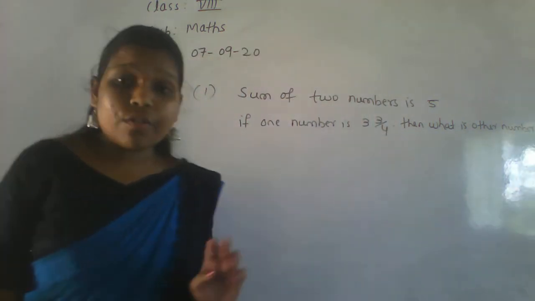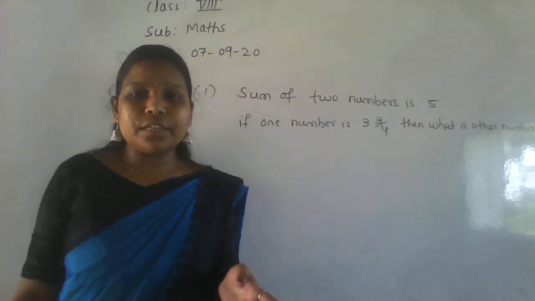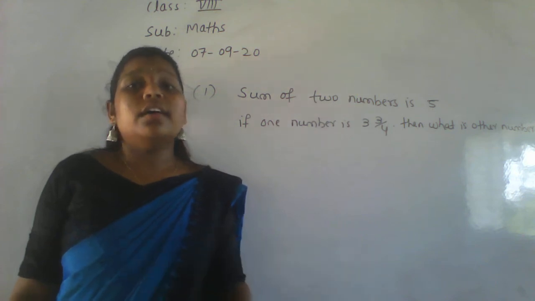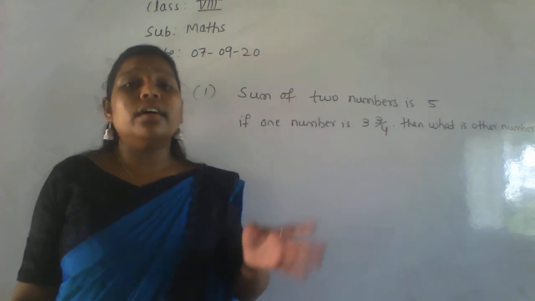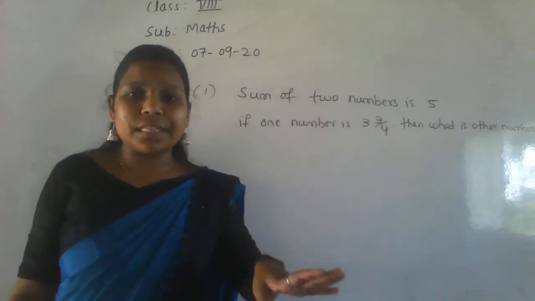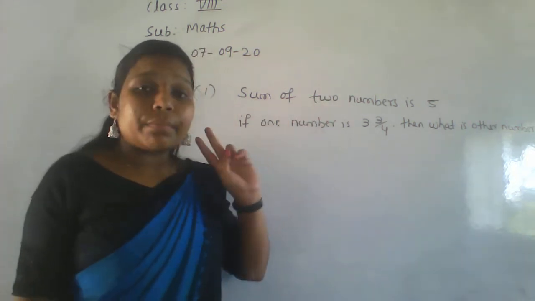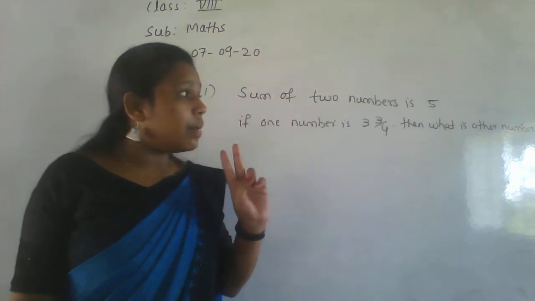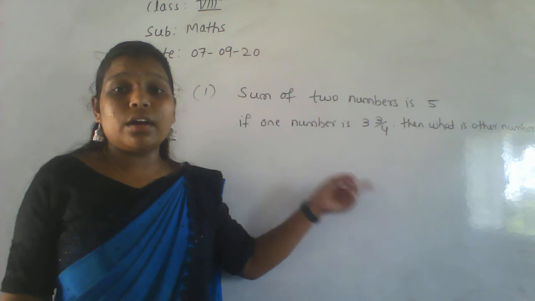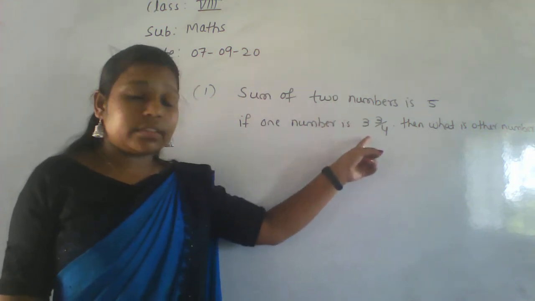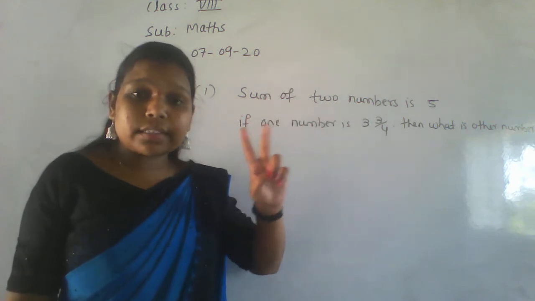Okay, sum of two numbers is 5. They didn't mention whether it is a rational, irrational, whole number, natural number, or integer. They just told only numbers. Whatever may be the number, it doesn't matter here. So they told sum of two numbers is 5, and one number is 3 integer 3 by 4, and sum of two numbers is 5 here.